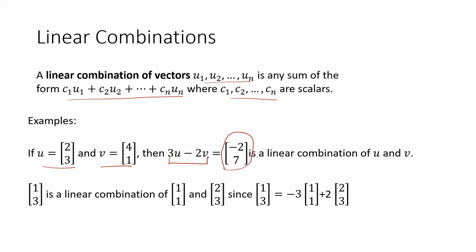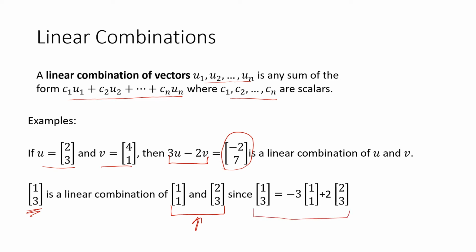One of the big questions we're going to be answering in this class is saying, is something a linear combination of something else? So in other words, is (1, 3) a linear combination of those two vectors? This is saying, can I combine those two vectors, something times (1, 1) plus something times (2, 3), and end up with (1, 3)? And the answer is yes, I can.